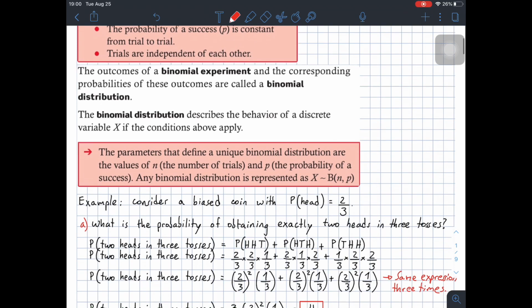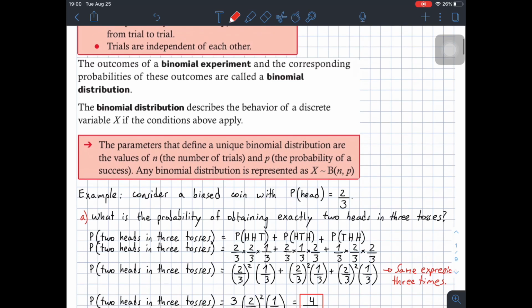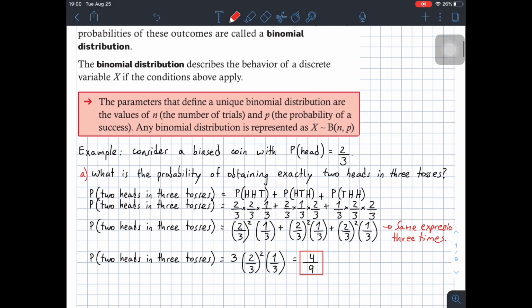The binomial distribution describes the behavior of a discrete variable x if the conditions above apply. The parameters that define a unique binomial distribution are the values of n, which represents the number of trials, and P, which represents the probability of a success.